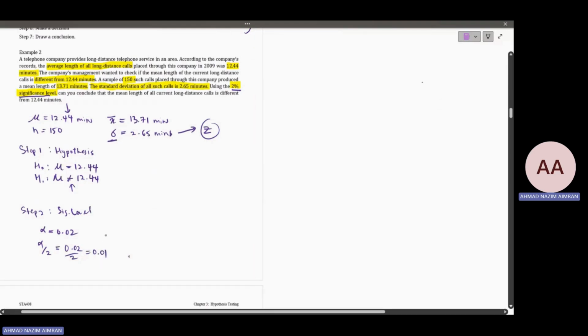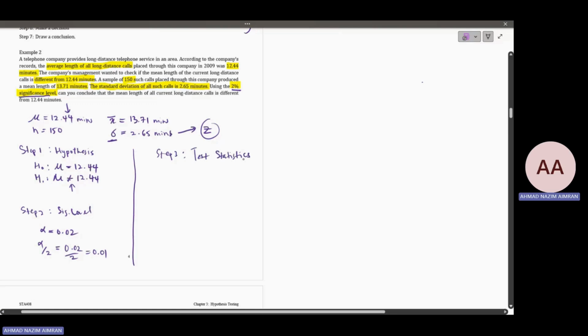That is step 2. Now, step 3. Step 3 is the statistical test. I think we use the term test statistics.